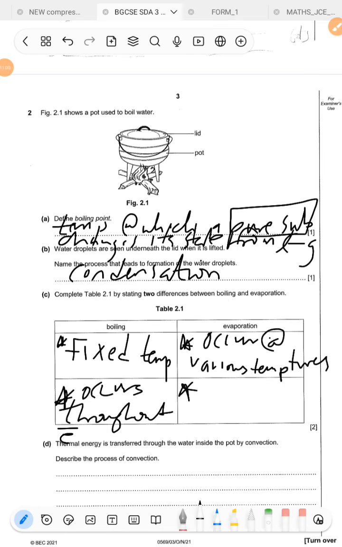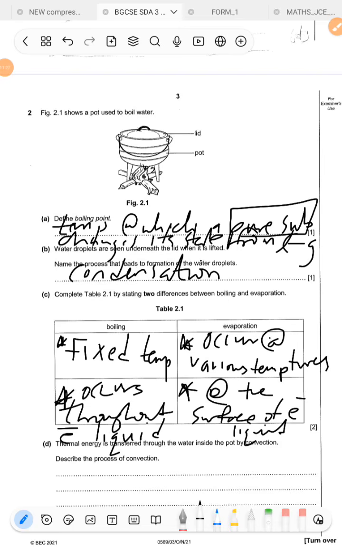Whereas evaporation only happens at the surface of the liquid. So evaporation happens only on the surface of the liquid, whereas boiling happens throughout the liquid.